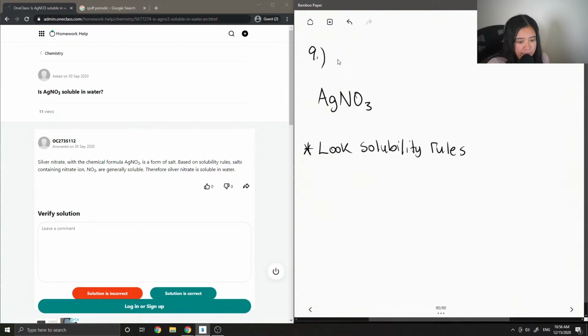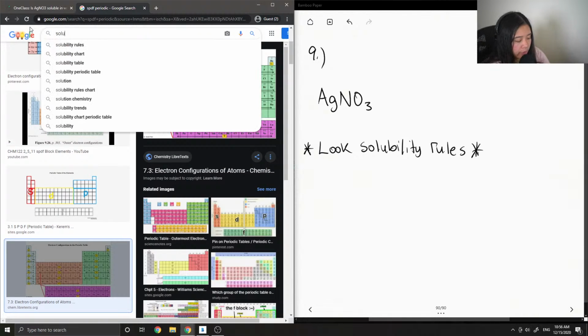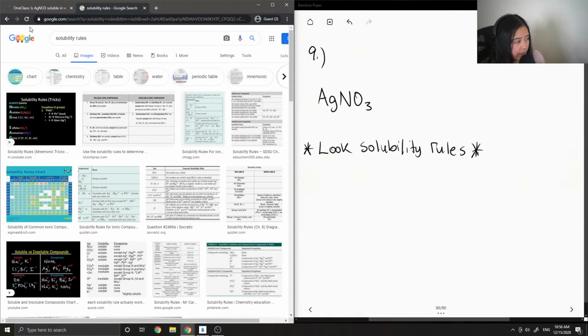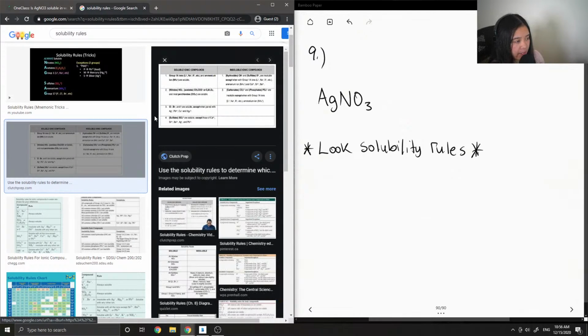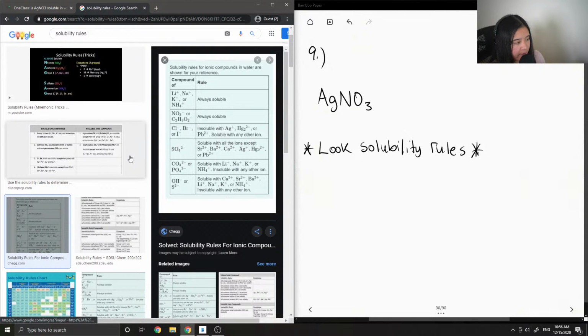These might be given in a question or in a textbook, but basically they are rules that will help us find out whether or not something is soluble in water. Sometimes people like to memorize them, but again, they might be given in the question.